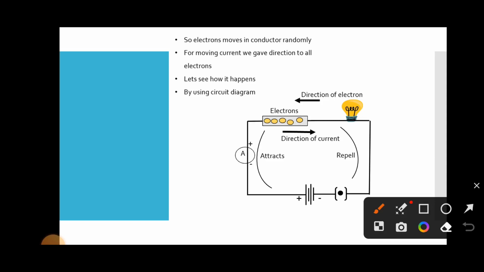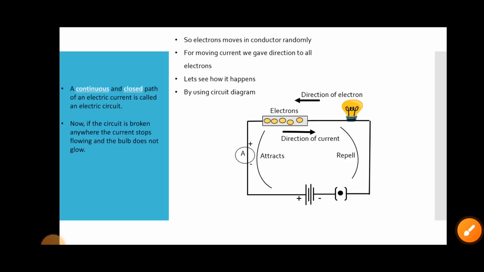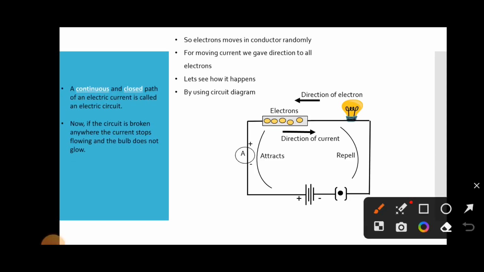From the other side, the electrons have a negative charge and the other terminal of the battery also has a negative charge, therefore they repel each other. So the direction of current is in this direction. As we see, the direction of current is opposite to the electrons' direction.